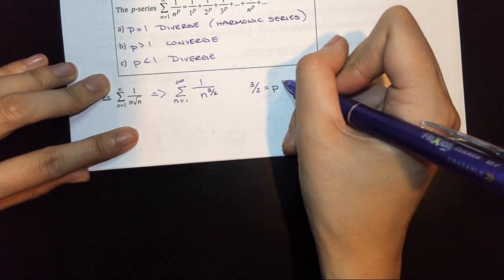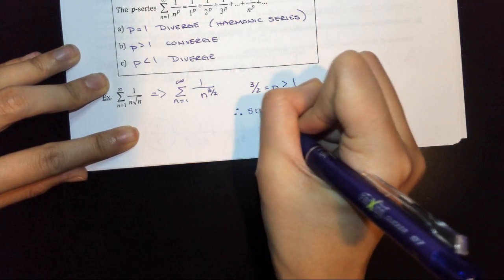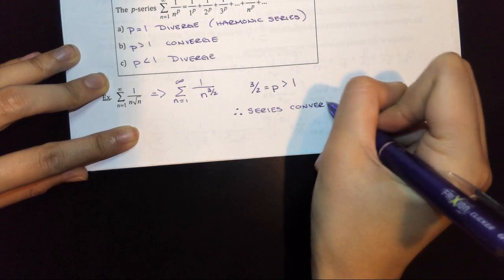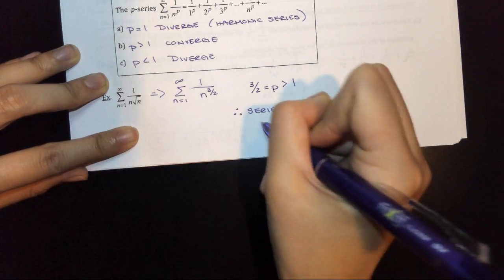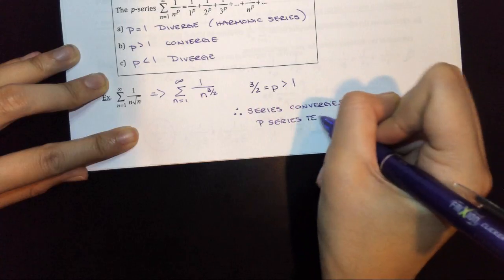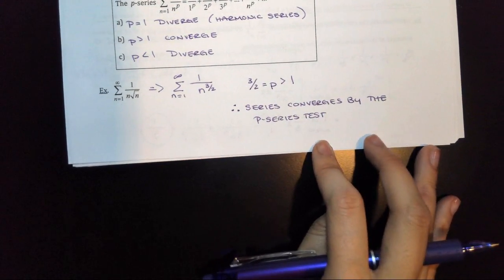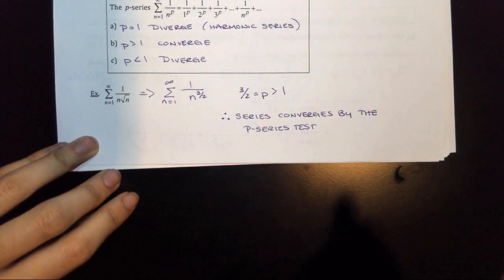The p-value is greater than 1. Therefore, the series converges by the p-series test. And that's all you have to do for p-series tests.